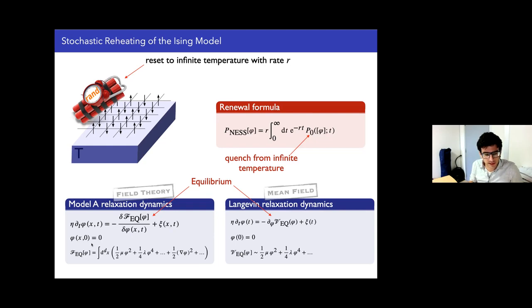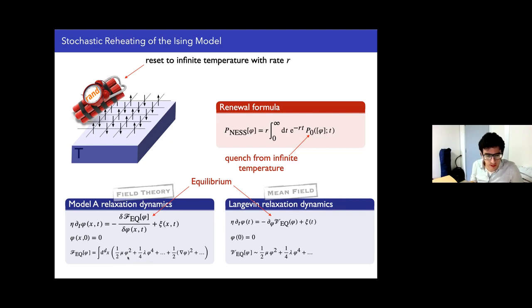The initial condition at t equals 0 is 0 because you start from infinite temperature, so from a paramagnetic solution. And I'm insisting that the free energy entering this model A dynamics is the equilibrium free energy. So we're back to the equilibrium lambda phi to the 4 theory, which we know well, and we know in particular how to do the RG there.